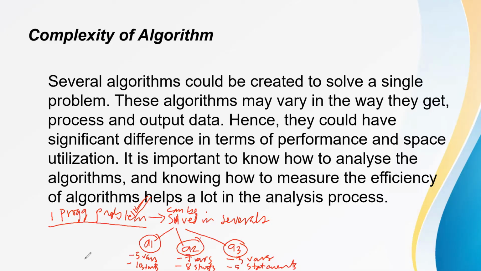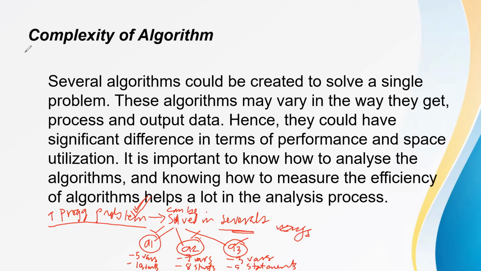So it is possible for only one programming problem to be solved in several ways. So you have several solutions, okay? Say for example, in this case, we have 3 solutions or 3 algorithms. Solution number 1 is algorithm 1, solution number 2 is algorithm 2, and solution number 3 is algorithm 3.